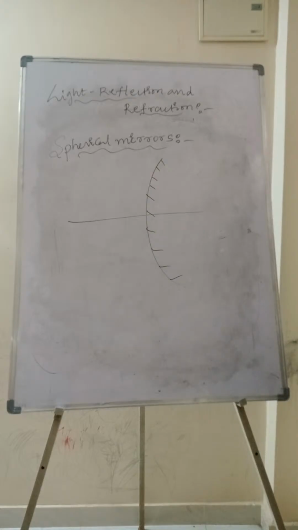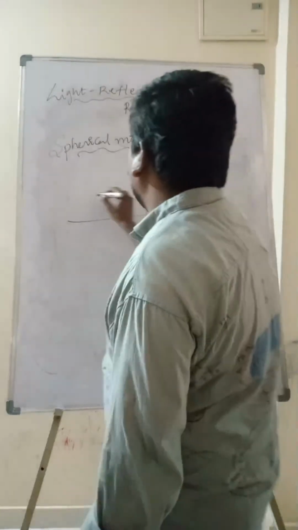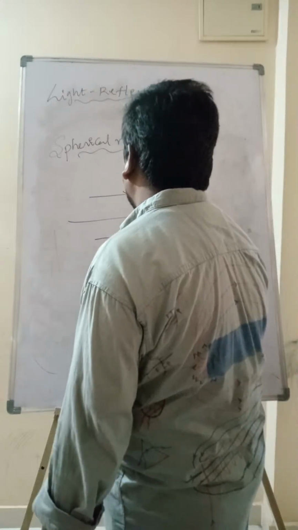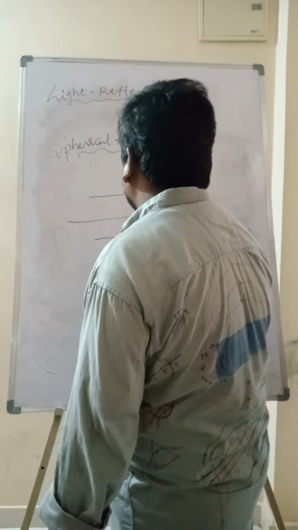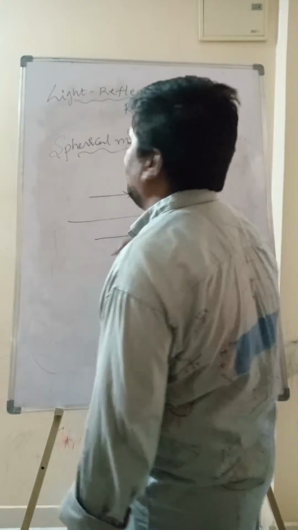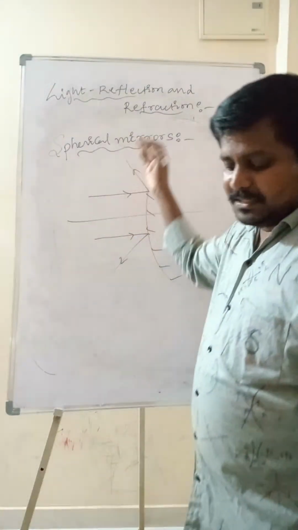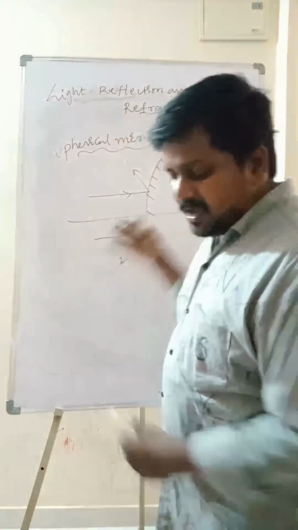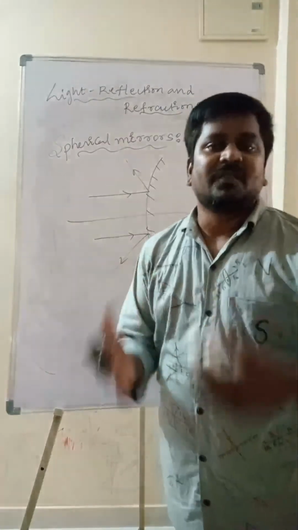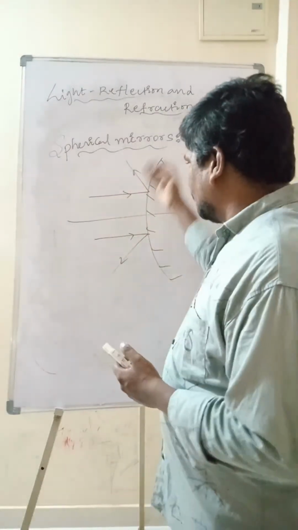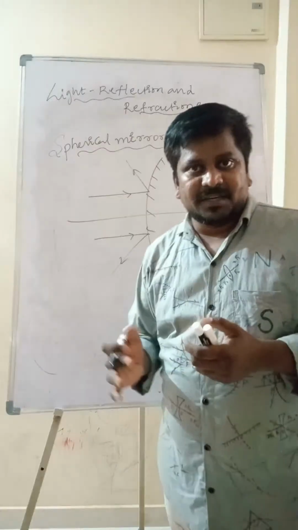Whenever the light rays are incident on it, they move away from it. Reflection takes place outward. This type of mirror is called a convex mirror.